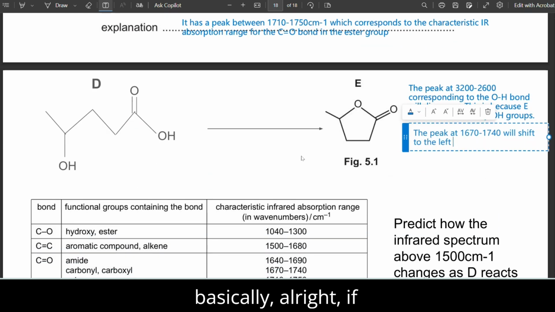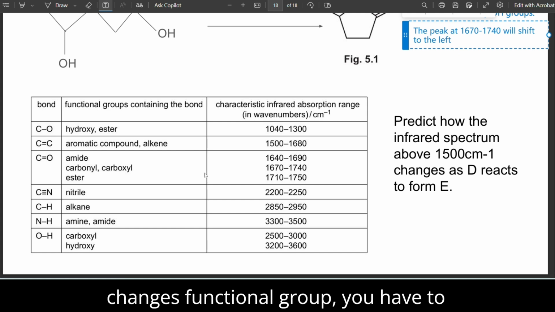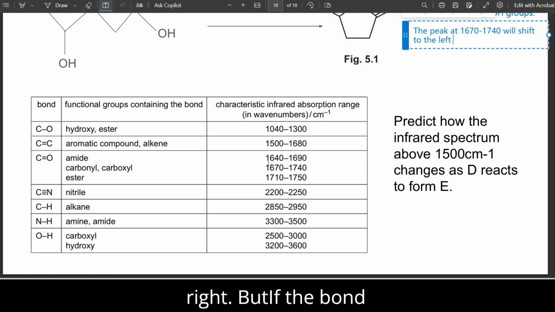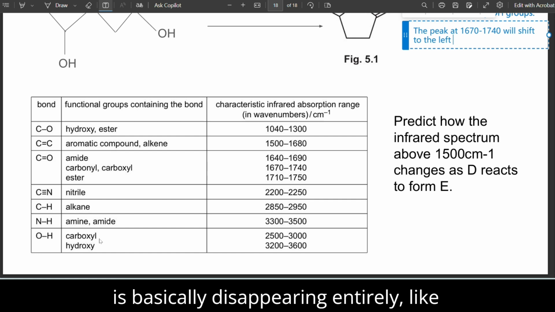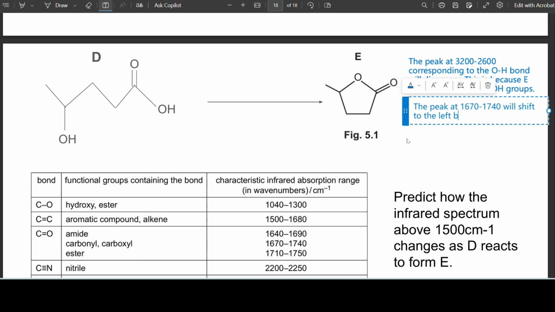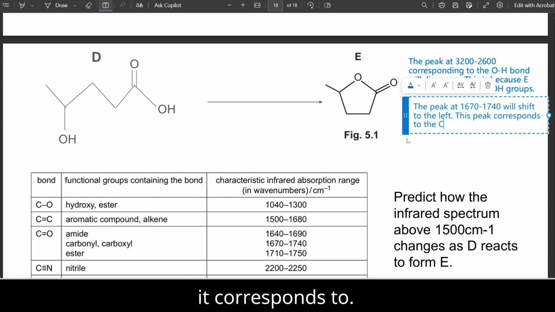So basically, if it's the same bond but it changes functional group, you have to explain that it shifts to the left or the right. But if the bond is basically disappearing entirely like OH, just say that it disappears. As usual, I talk about the bond it corresponds to.